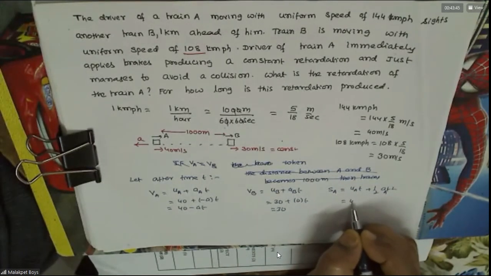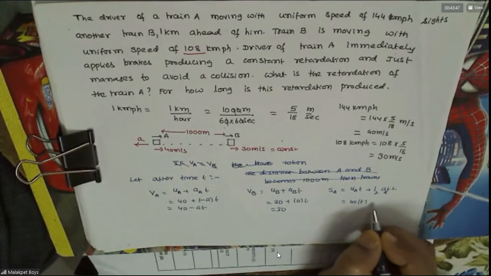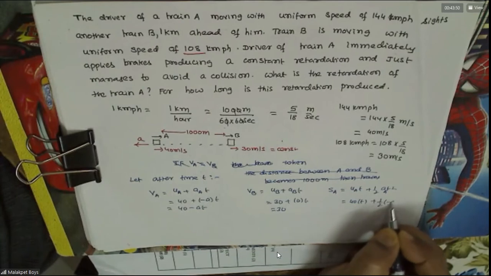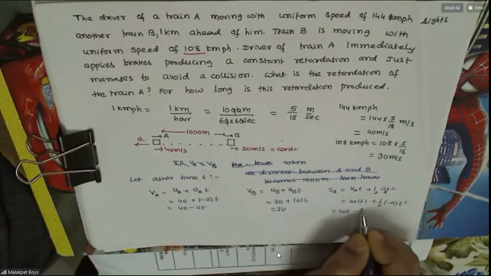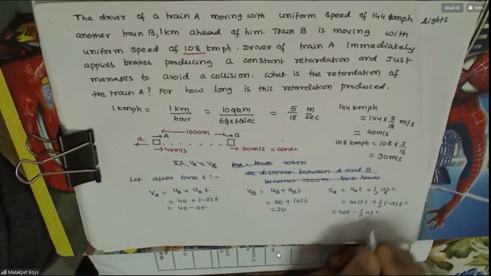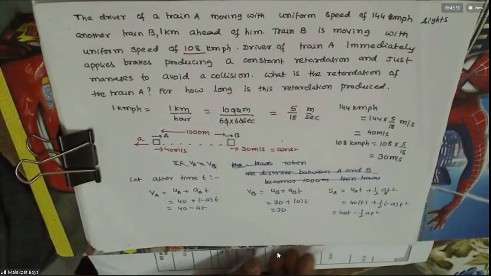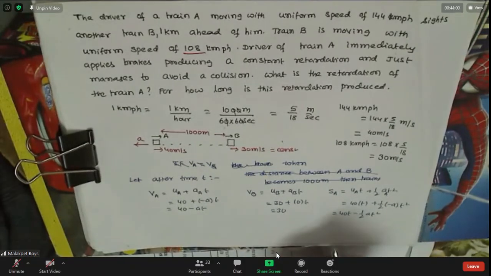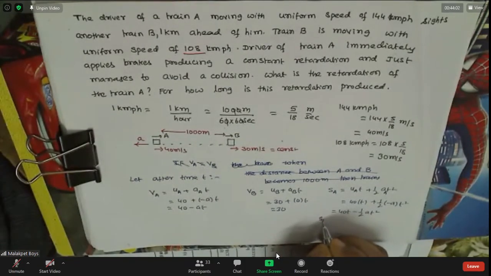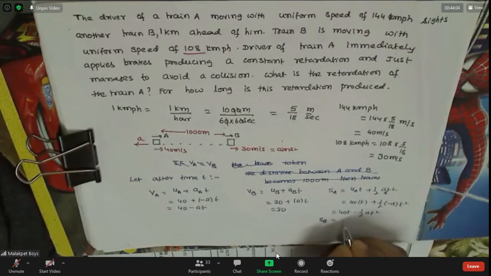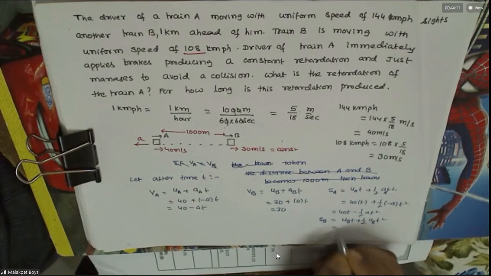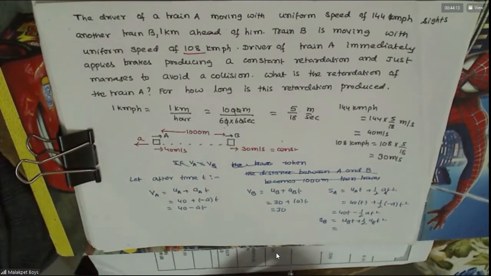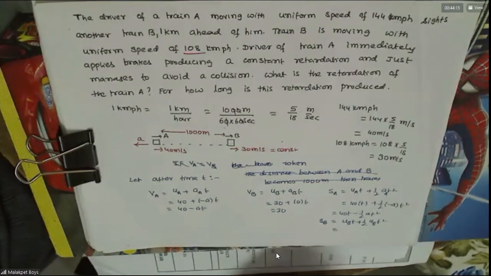U is how much? 40 plus half. How much are you getting? Agreed?